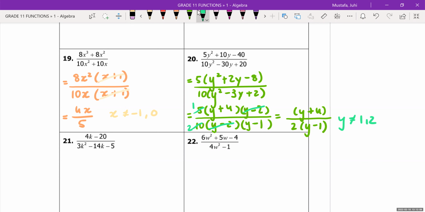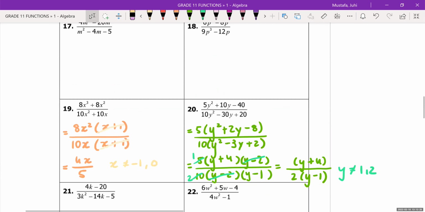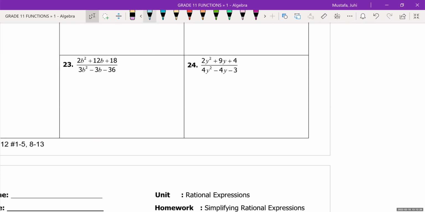Let's do one last question to end this off. They all kind of look the same, so let's do either 22 or 24. How about we'll do 24. 22 and 24 are complex trinomials, so we get the same practice with those.